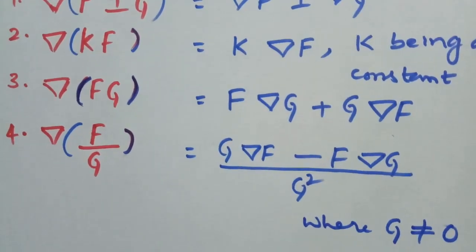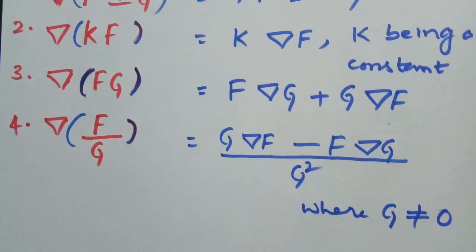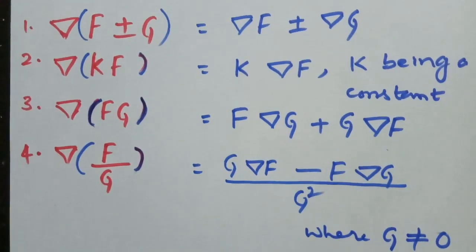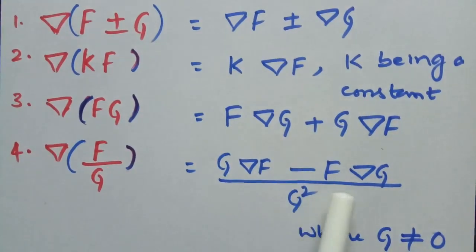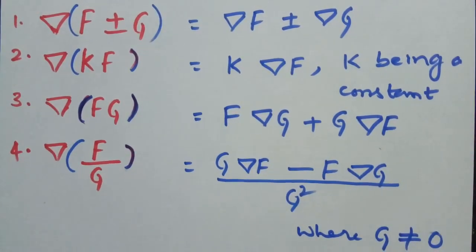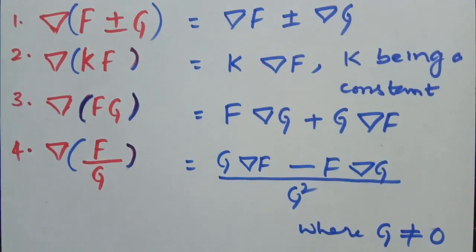So it is not a zero function. Therefore del of f by g is the u by v formula, or f of x by g of x formula. So that is g into del f minus f into del g by g square. These are the properties of del phi or grad phi.